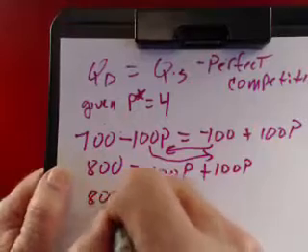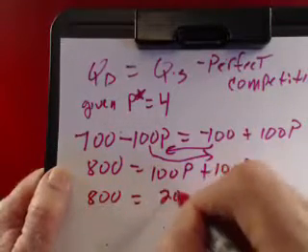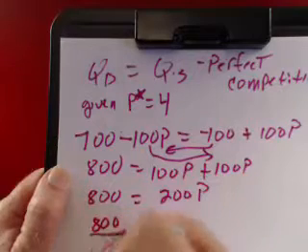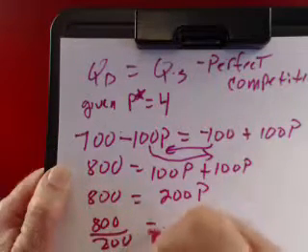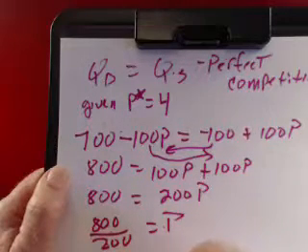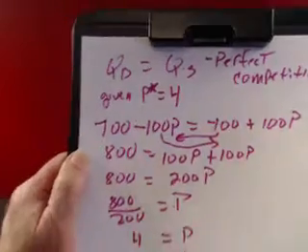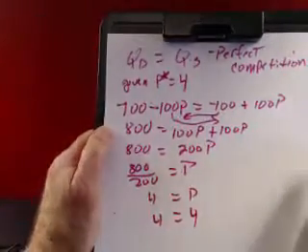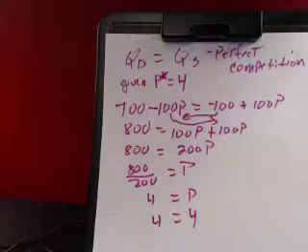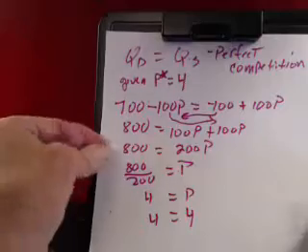So 800 equals 200P. So 4 equals P. So 4 equals 4. So the equations are equal.